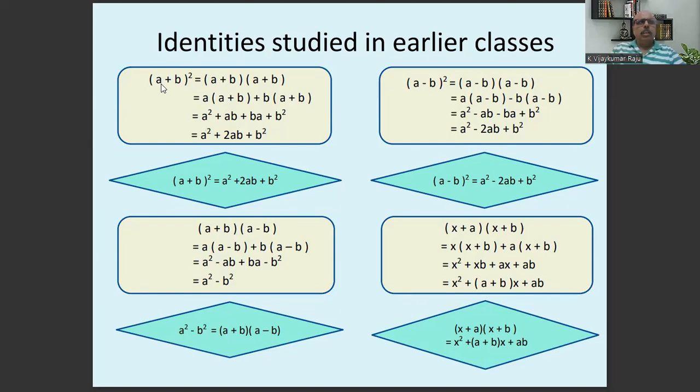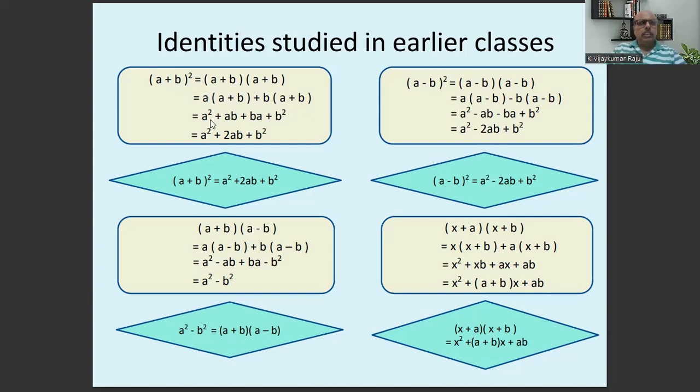In the lower classes, you have learned (a plus b) whole square. What is (a plus b) whole square? It means (a plus b) multiplied 2 times, that is, (a plus b) into (a plus b). So a into the second bracket is a into (a plus b), plus b into the second bracket. So this is binomial multiplication.